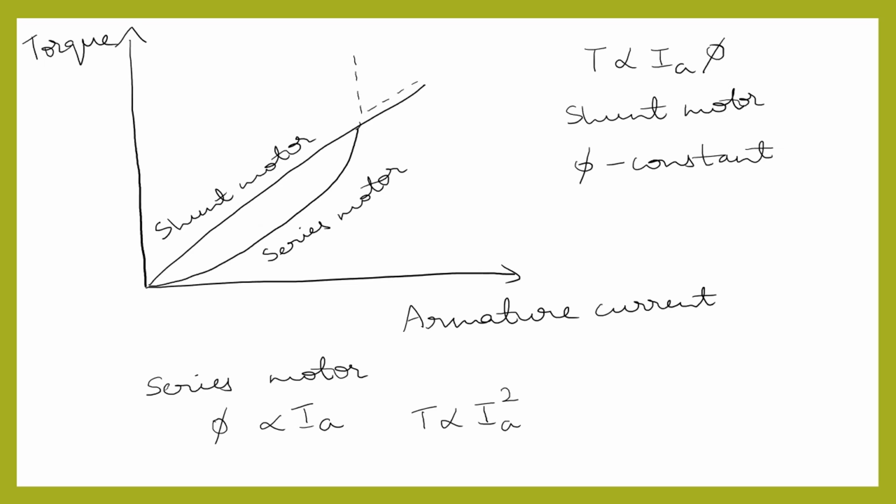So, the torque current curve is in the shape of parabola up to the saturation level. Beyond the saturation level, the torque is proportional to Ia only, and hence the curve becomes a straight line as shown in the figure in the dotted section.